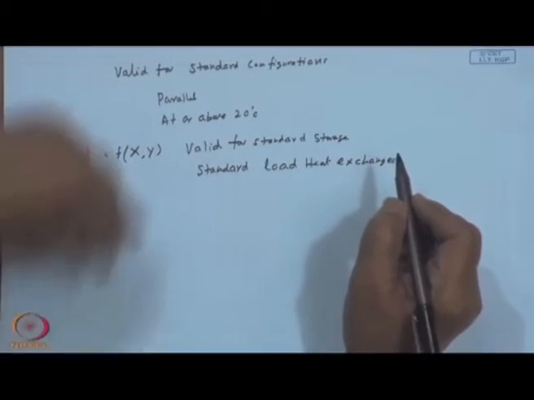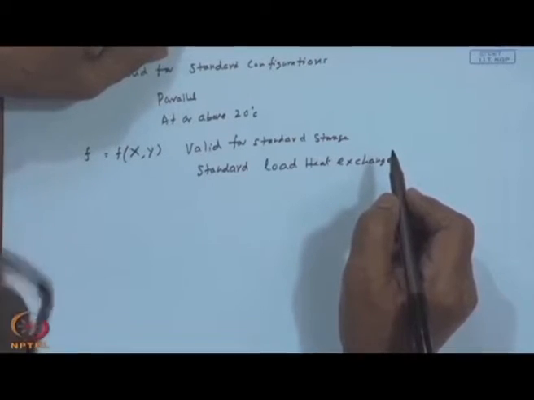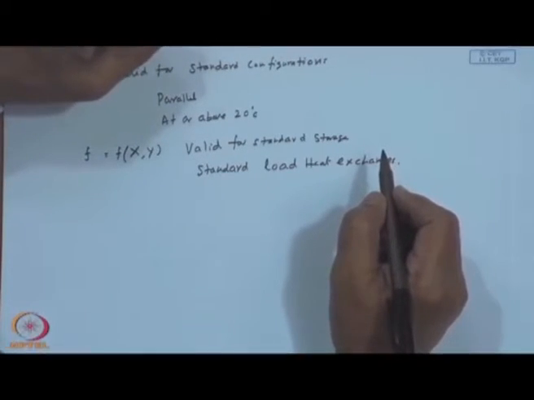This load heat exchanger was absent in the case of air systems, because when you are using space heating based upon an air system, you directly let the hot air go, the quantity being controlled by the temperature set inside the room and your desire.